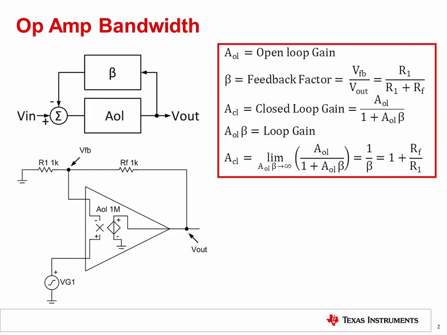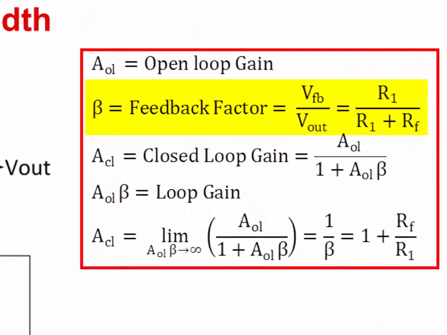In order for an amplifier to be useful, negative feedback is required. This is accomplished with RF and R1. Sometimes this is referred to as closing the loop. RF and R1 represent the beta network, or feedback factor, of the op-amp circuit.